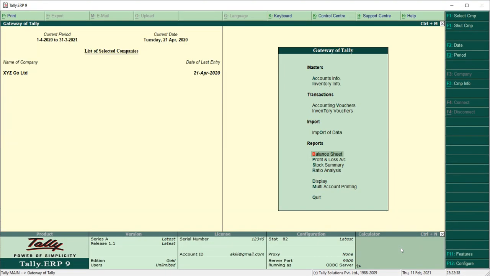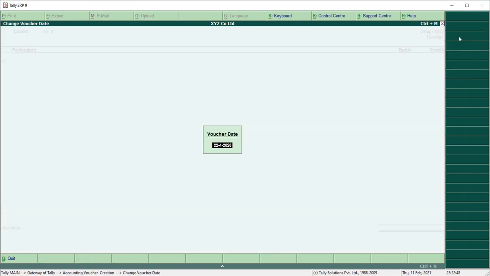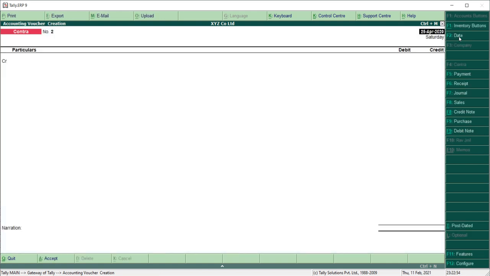So let's go to accounting voucher. First change the date, 25/4/2020. So we're going to withdraw cash.